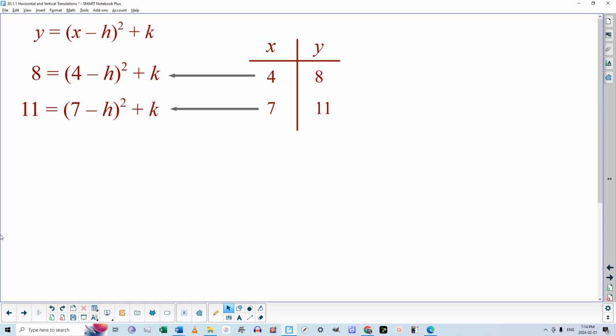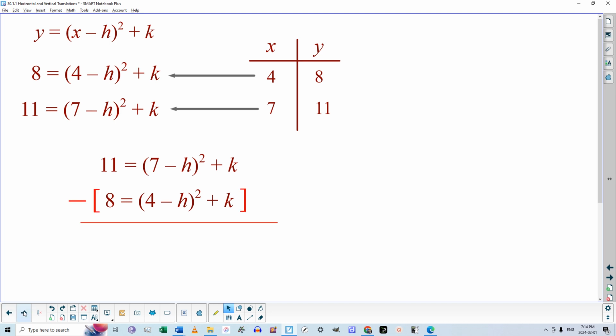But that leads us to the idea of a system of equations. These two equations have to both be true. So all I'm going to do is use algebra and a little bit of manipulation to find out what values of h and k make both of those equations true. In this particular case, I think it's easiest to take these two equations and subtract one from the other.